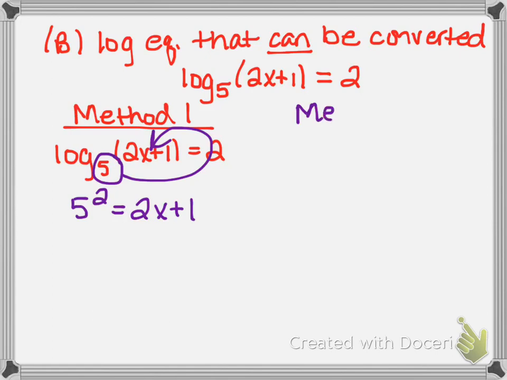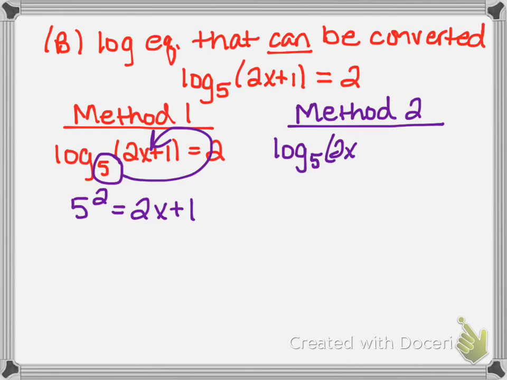Method 2 would take that equation and over here on the right side, it would take this 2 and it would multiply it by log base 5 of 5. And the reason that it would do that is twofold.